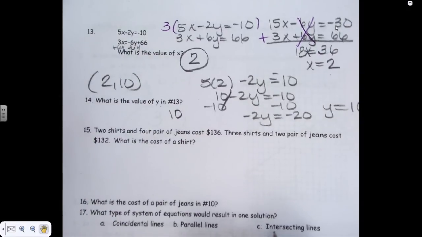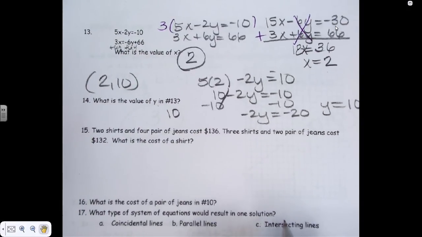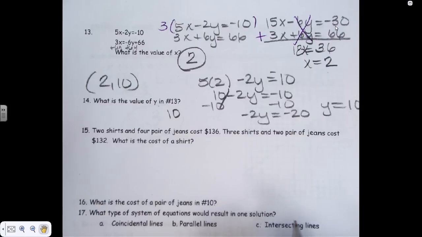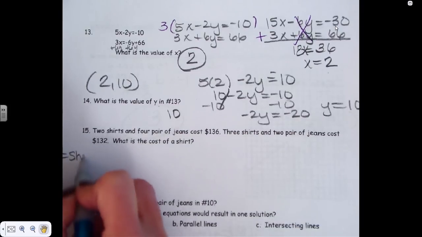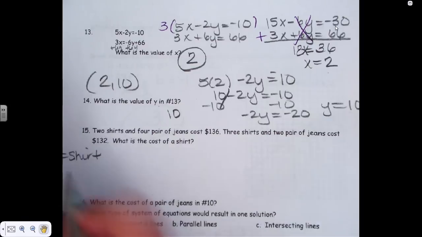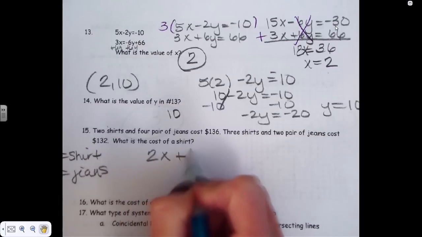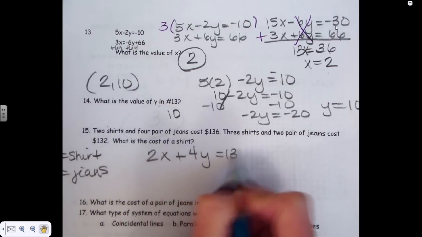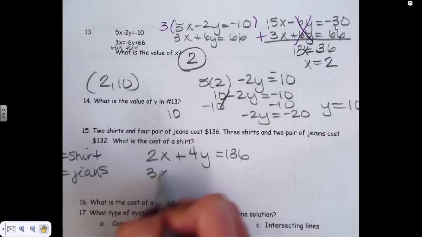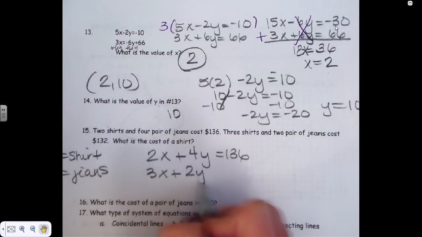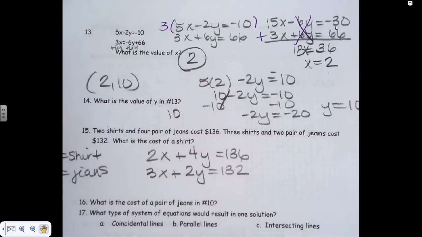Next, remember, it's a word problem, so we want to define our variables. 2 shirts and 4 pair of jeans cost $136. 3 shirts and 2 pair of jeans cost $132. What is the cost of a shirt? I'm going to let X be shirt because that's what I read first, and Y be jeans. So 2 shirts and 4 jeans is $136. 3 shirts and 2 jeans is $132.